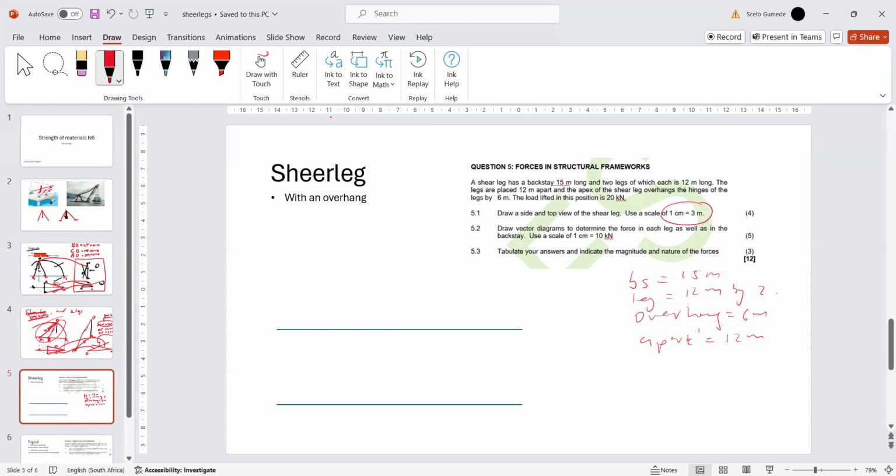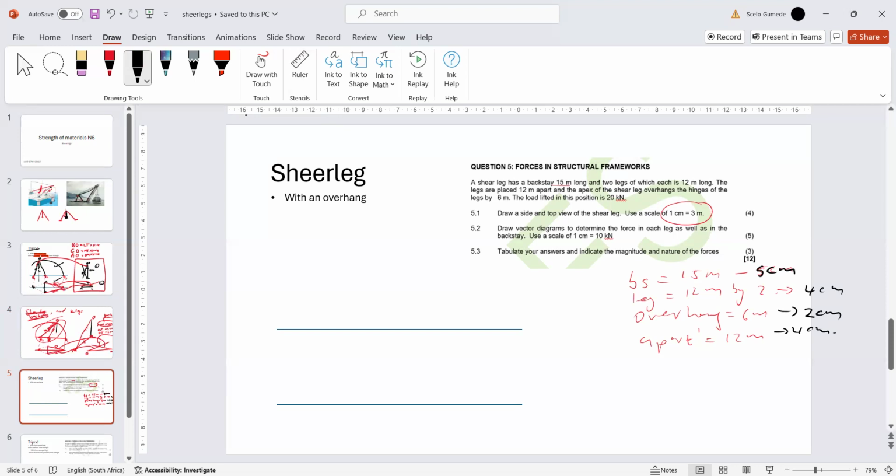Now the scale is 1:3, so let's divide everything by 3. This one will be 5 centimeters. Divide these legs by 3, it will be 4 centimeters. Then divide 12 by 3 here. The overhang will be 2 centimeters and 4 centimeters there.